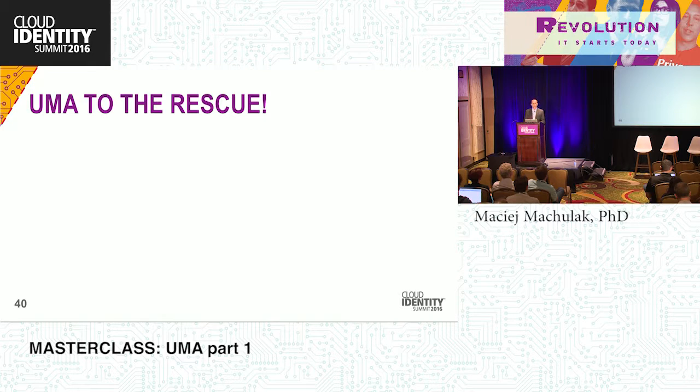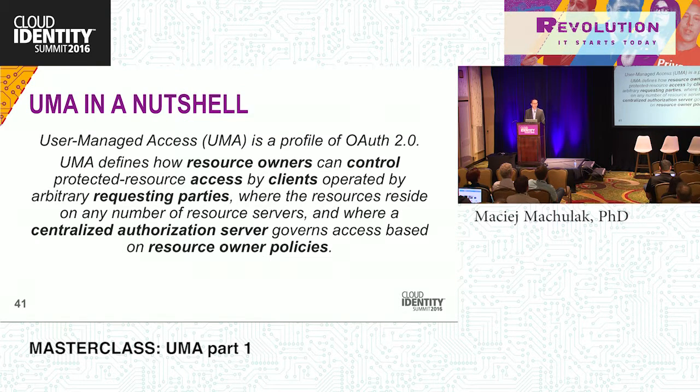To address these problems, and to provide users with the necessary means to share information in a very selective and efficient way, that's where we started working on UMA. That's where we came up with the UMA concept.